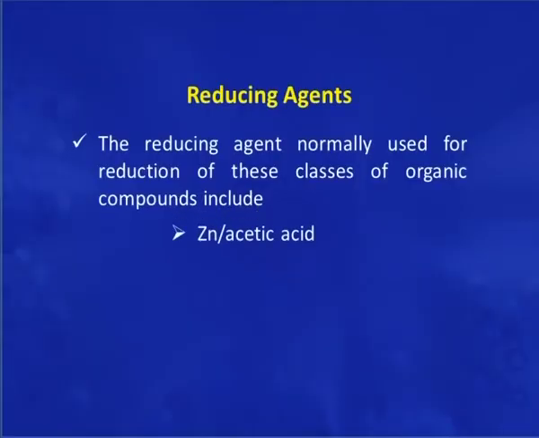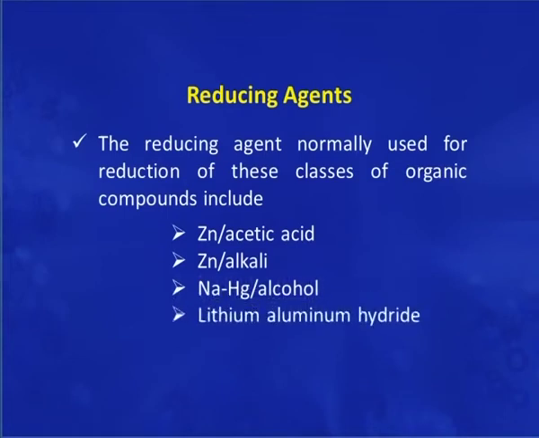The reducing agents normally used for the reduction of these classes of organic compounds include zinc and acetic acid, zinc and alkali, sodium amalgam in alcohol, lithium aluminum hydride and sodium borohydride.